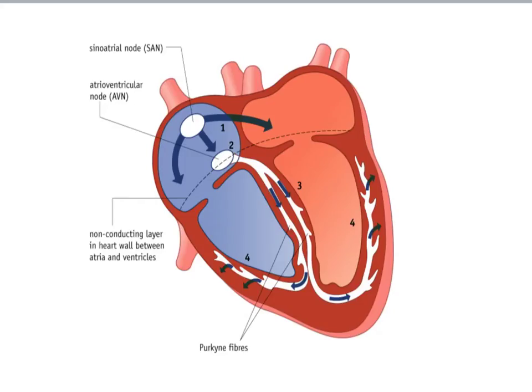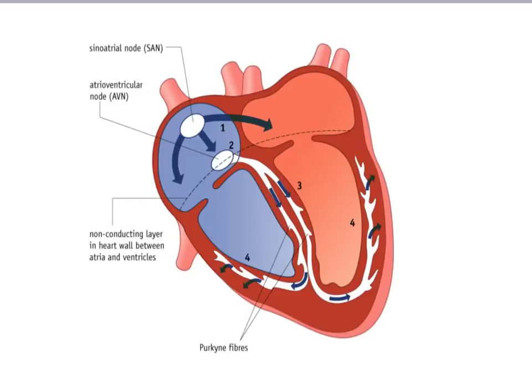Now for this video we're going to be using this picture as our basic outline of the heart, and we can see it has numbers 1, 2, 3 and 4 on it with a few arrows. I'm going to talk through each of the arrows and what those stages represent. So let's think of our starting point as being atrial systole. So that's a period when the atria are about to contract.